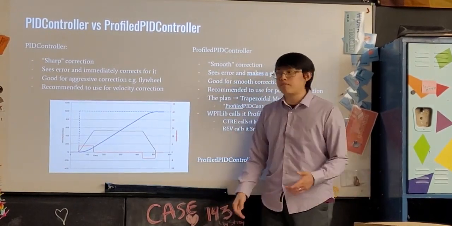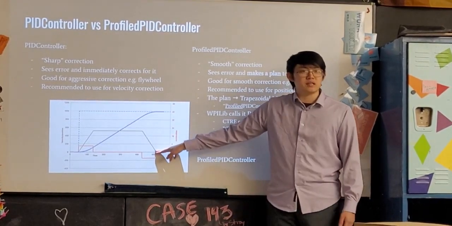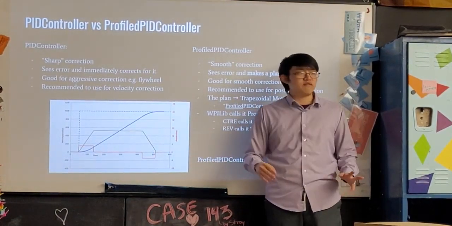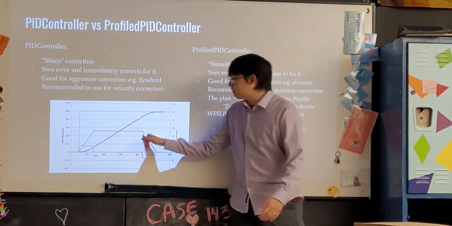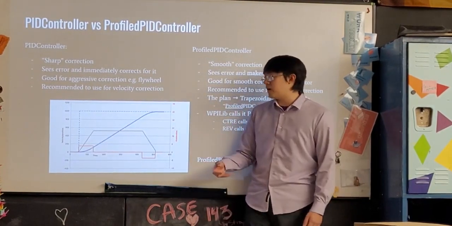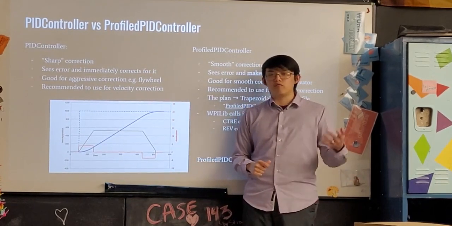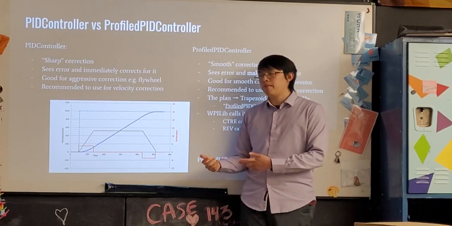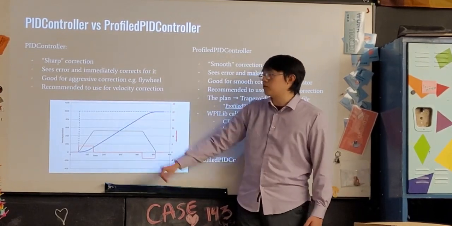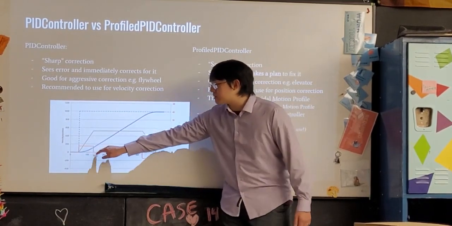That's why they call it a trapezoidal motion profile, because this black part is your velocity. This trapezoid that it generates is the plan, the velocity plan of how fast we are going to ramp up, and what speed we are going to reach in order to get from where we are now, 0, to our set point, 1,000.